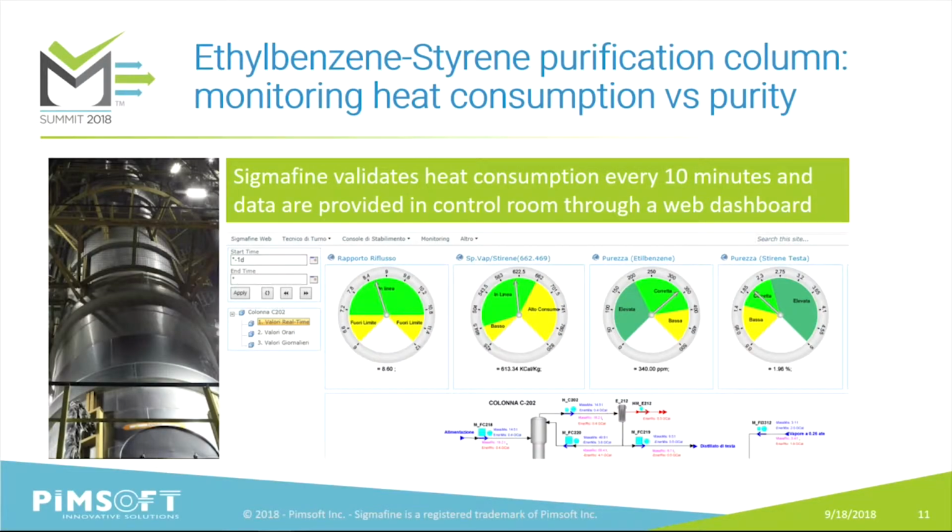Then there is this case of a purification column, where you can perform a mass balance and validate meters. You can perform a component balance to look at the purities and validate them, and also perform an energy balance, having all of the information that you need.